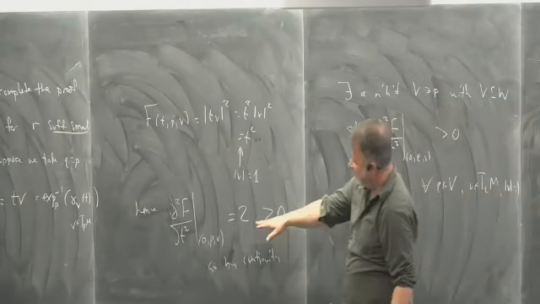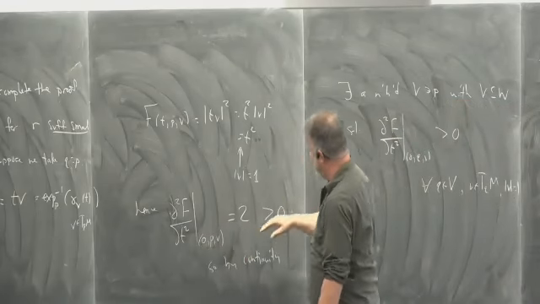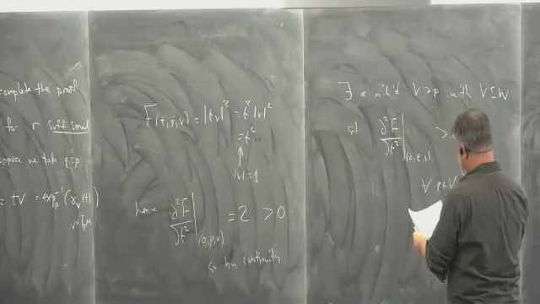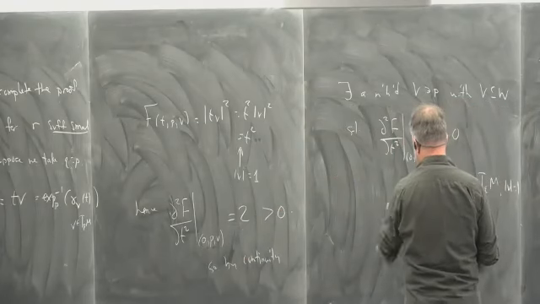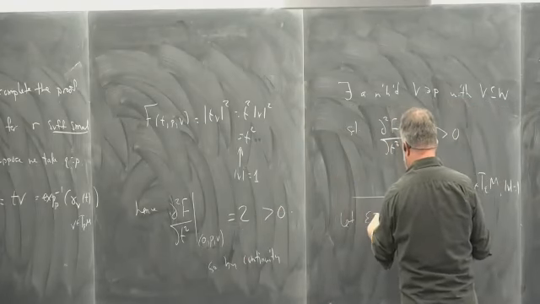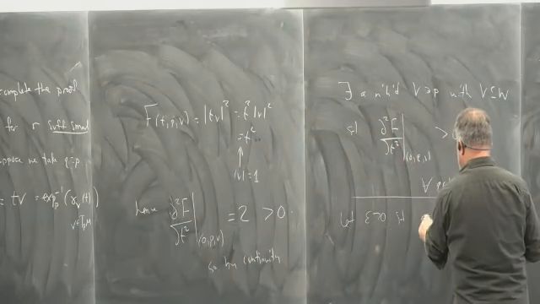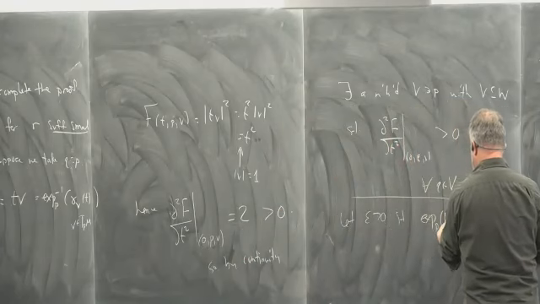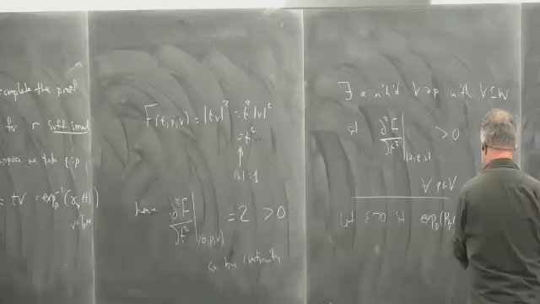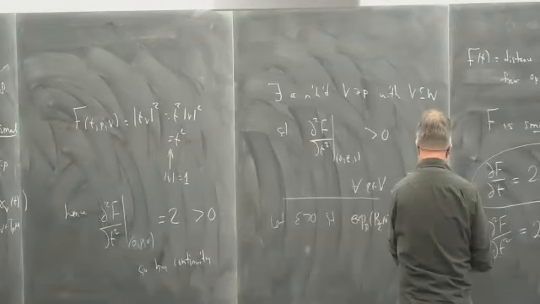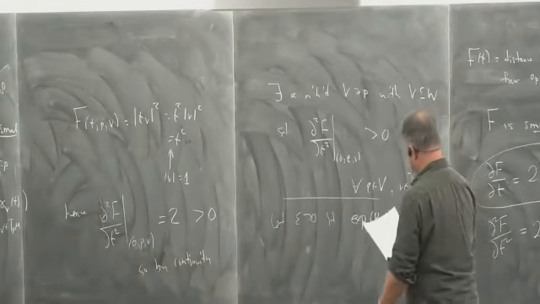I'm saying we know it's positive here, so as long as we're close enough to this point, it's still going to be positive. So now let epsilon be positive such that this ball is contained in V.